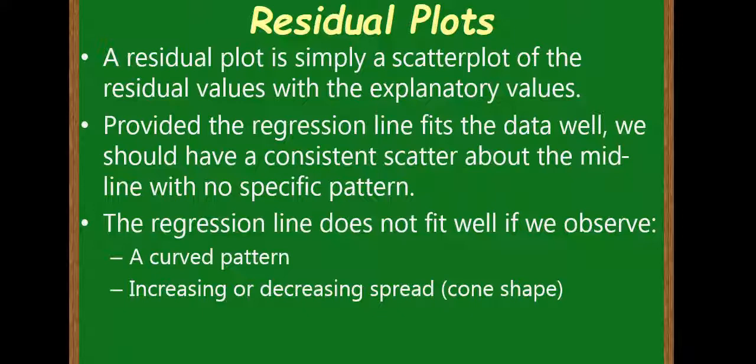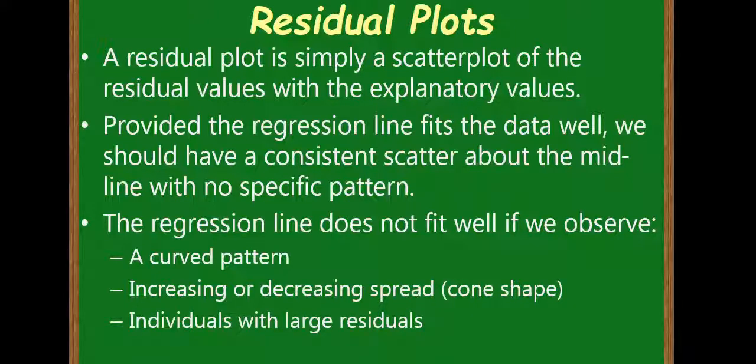It kind of creates a cone shape. And that would indicate to us that certain points of the line are not as strong a predictor as other points are. So that'll be something that we analyze a little bit further as we progress through this.